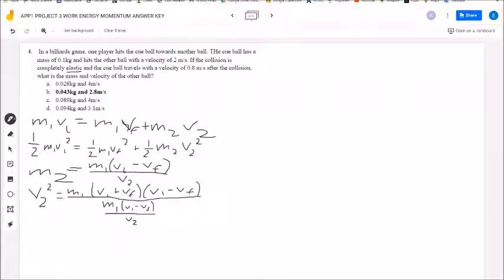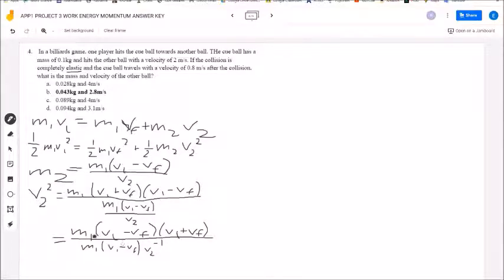Now, if we rearrange this yet again, we get that v2 squared is equal to m1 times vi minus vf times vi plus vf, over m1 times vi minus vf times v2 raised to the negative first power, since we got rid of that double fraction we had in the denominator.